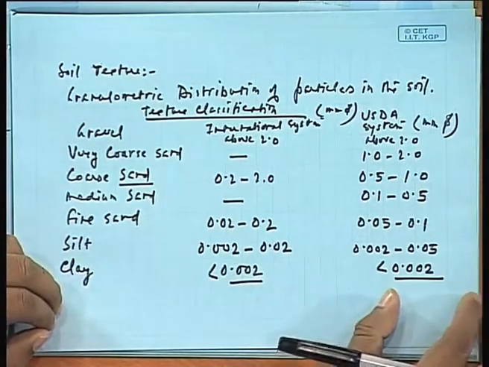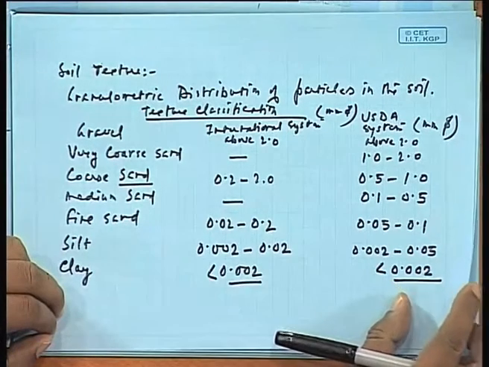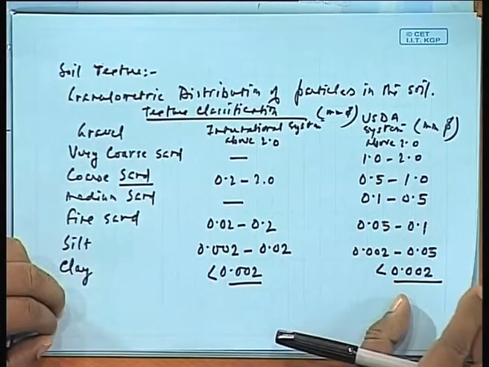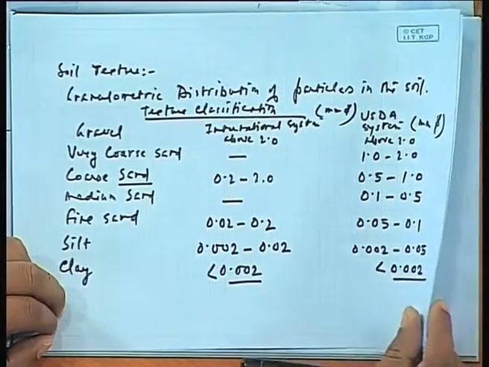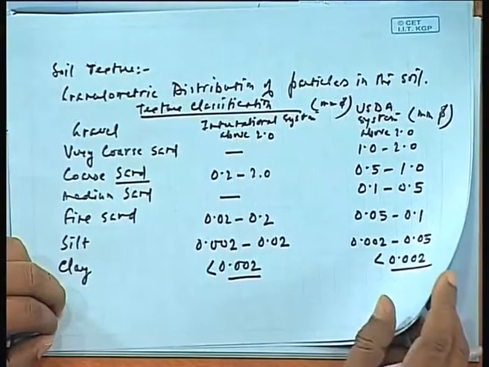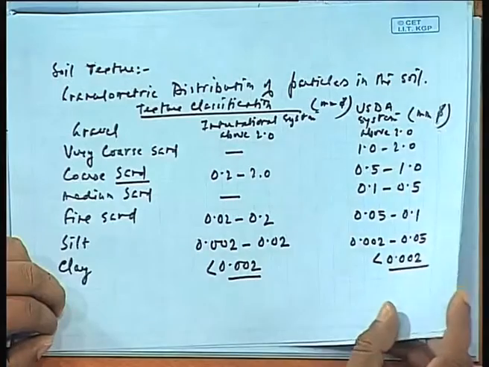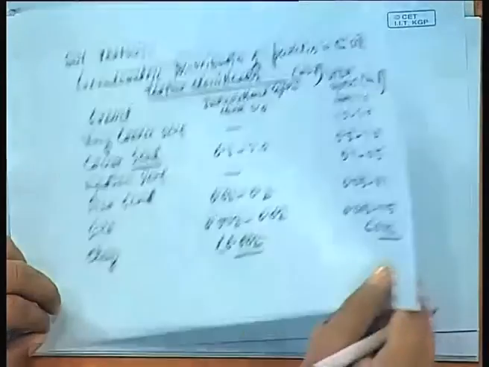Now, having said this, there is a nomograph, the USDA nomograph, that generally provides a textural classification. I will not go into it in detail, but in most books of environmental engineering where soil is dealt with, and in agricultural engineering, you will find the soil nomogram.